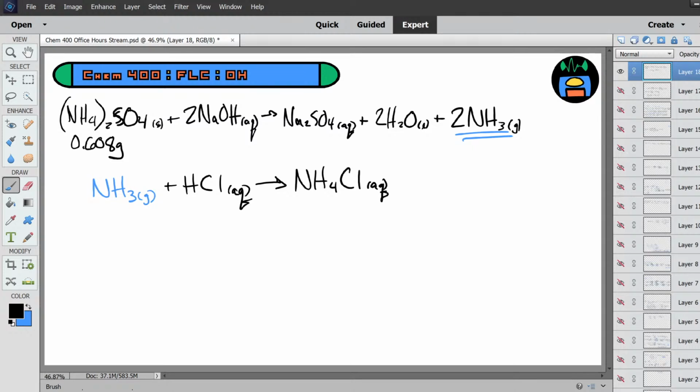Okay, so get this. The ammonia is then taken and reacted with a solution of 0.213 molar hydrochloric acid, and it's dumped into 46.3 milliliters of it.